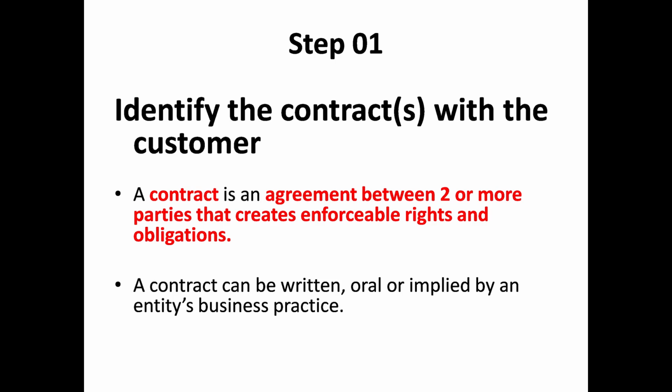It was a contract agreement between this buyer and the seller to supply 10 hand sanitizer bottles at 100 rupees each within 1 week of the placement of the order. Then a contract can be written, oral, or implied by an entity's business practice.